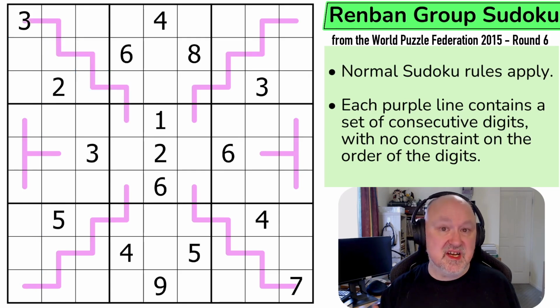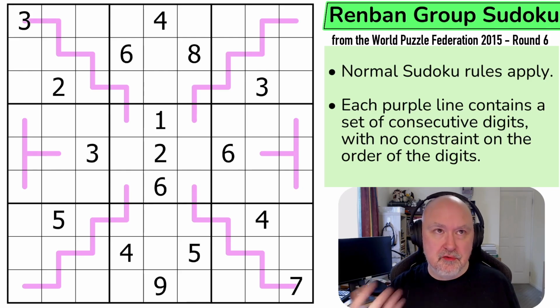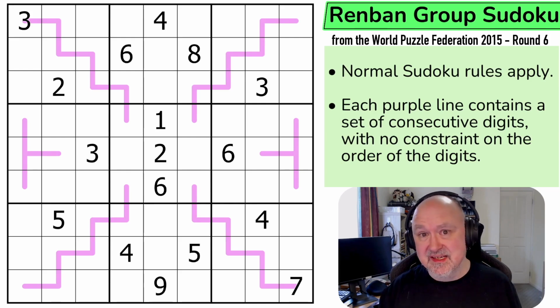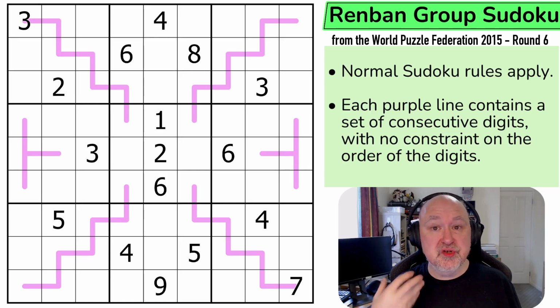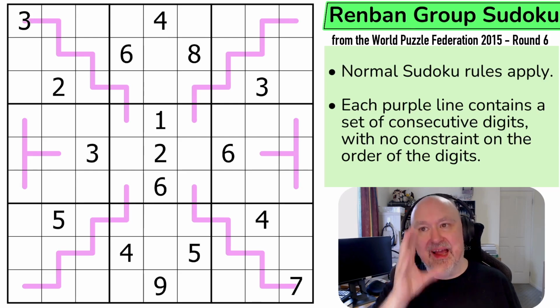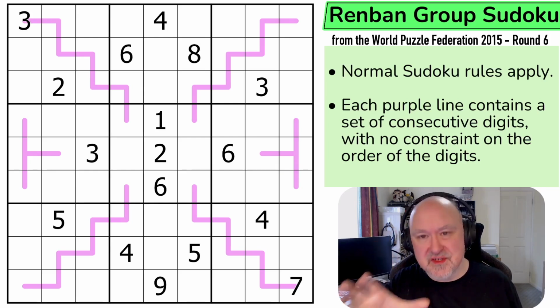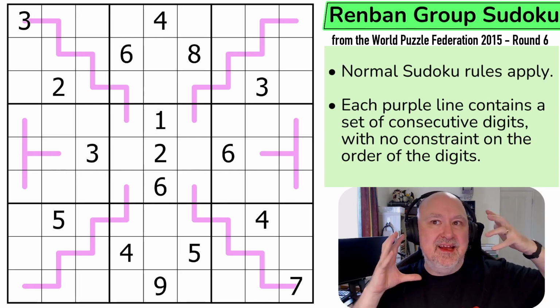Now, there's been a lot of discussion recently about how "set of consecutive digits" can mean different things mathematically and programmatically. I've tried to push for the addition of the words non-repeating, because with some statistical programming languages, the digits 1, 1, 2, and 3 is a set of consecutive digits just because of the way that the digits get bounded in a data set, and it's a little bit weird.